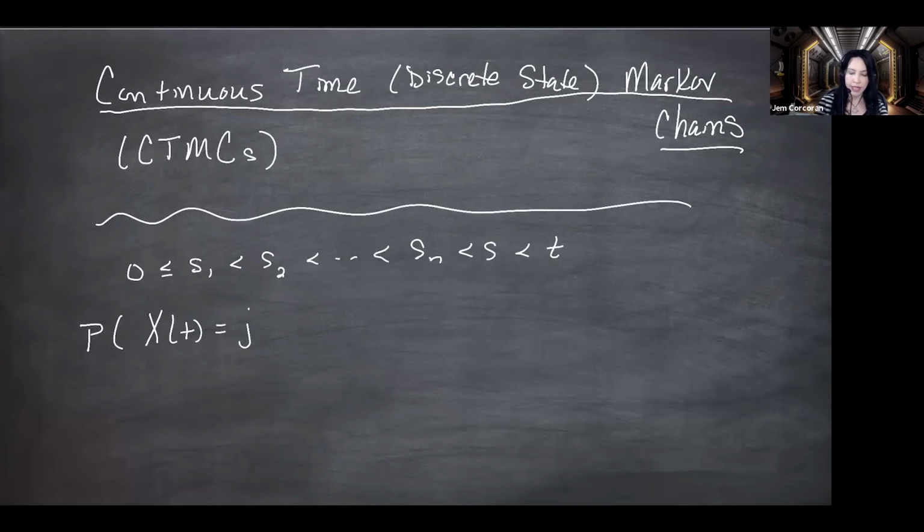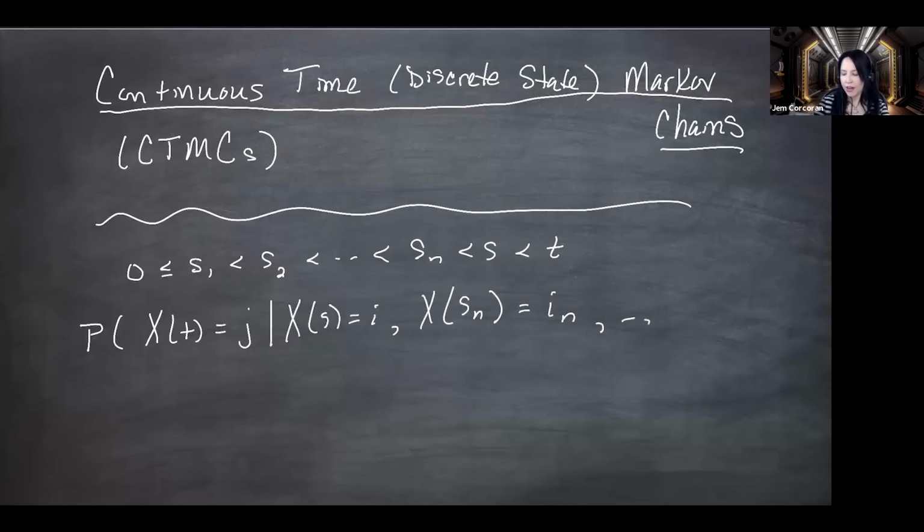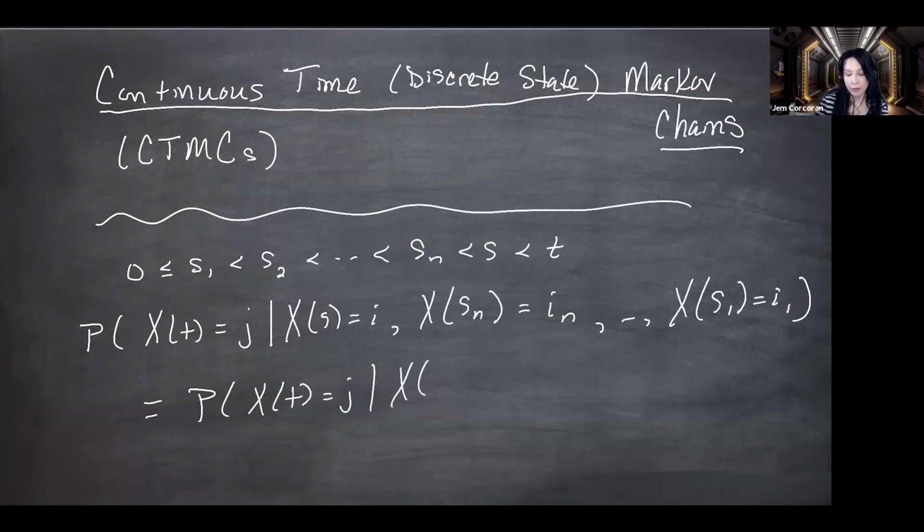So the probability, given that X(s) is i and X(s_n) is some i_n, all the way down to X(s_1) is i_1, is just going to be the probability with the last piece of information. So this is what it means to be a continuous time Markov process or chain.